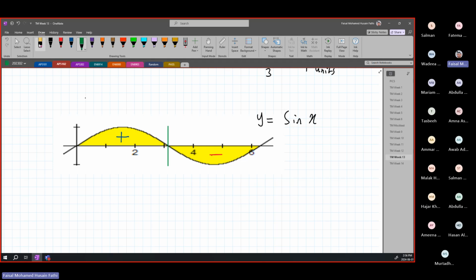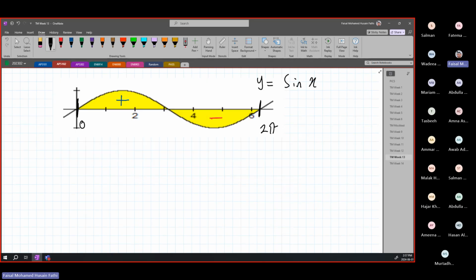However, in this simple case, since this is only one graph, we can simply take from the beginning over here from 0 up to 2 pi. This was given as 2 pi at the end as well. But I need you to understand that whatever is above is positive and whatever is below is negative. We're going to look at an example of that in a bit, but how are we going to do this?